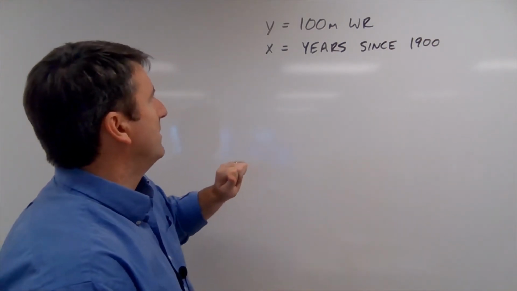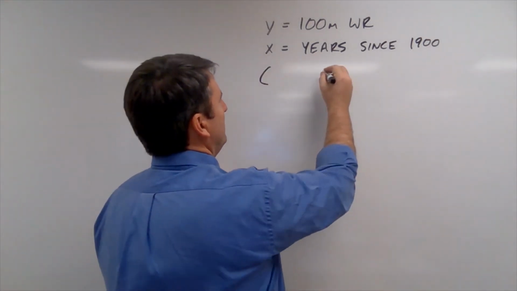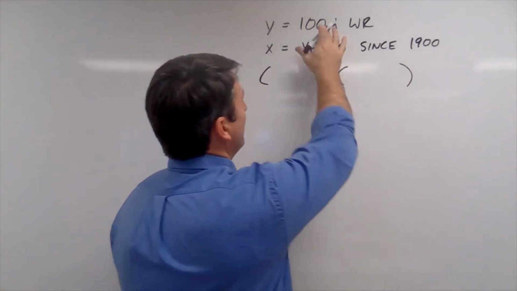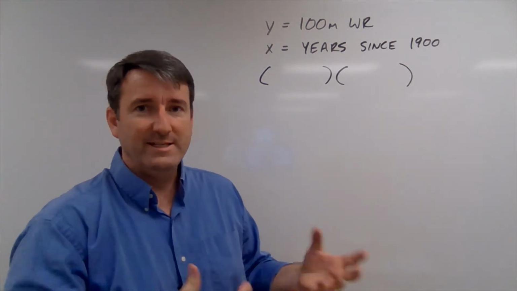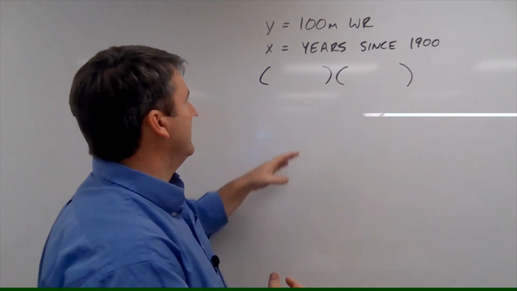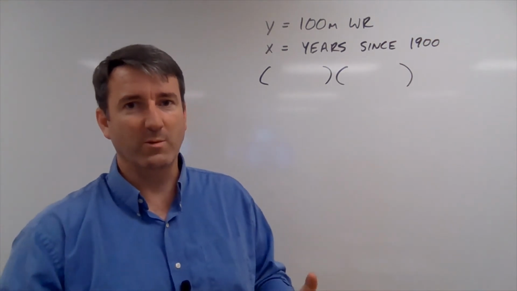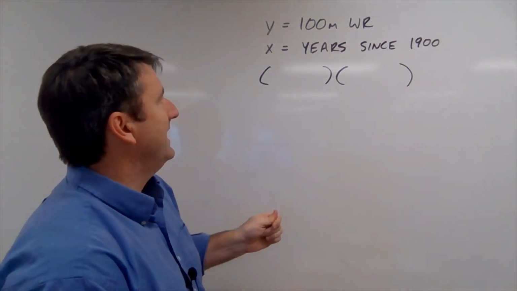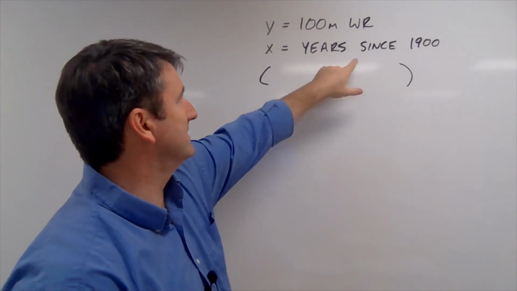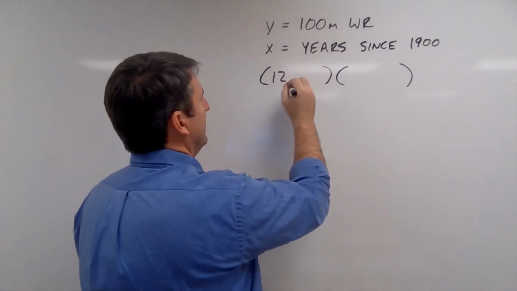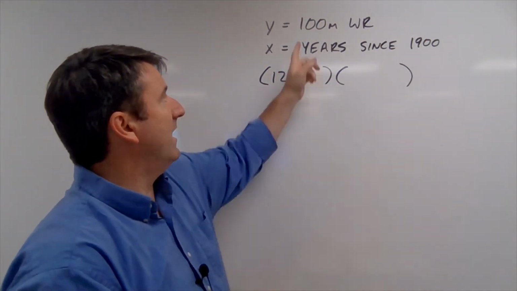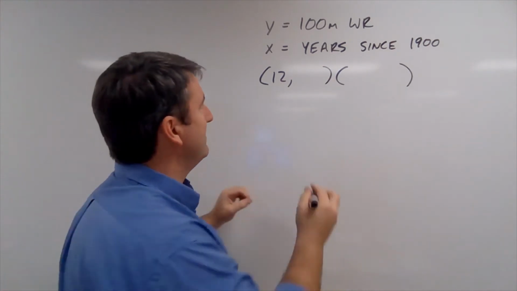All right, so let's find the two data points. Now that we've defined our dependent and independent variables, let's write out what the data points that we're working with are. So in 1912, which is an x value of 12, the 100-meter world record was 10.6.